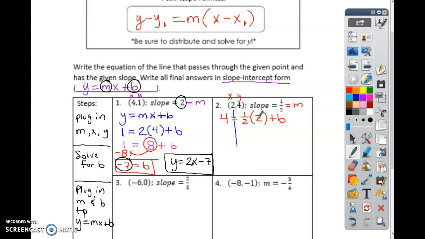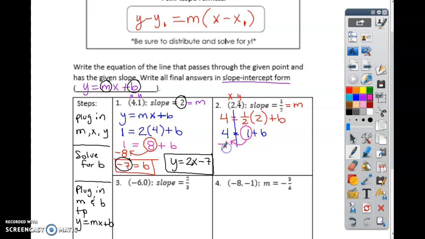It's like saying half of 2. What's half of 2? 1. La mitad de 2 es 1. So 1, bring everything else down, plus b equals, bring this down, 4. Then how do I solve for b? I have to move this over, minus 1.